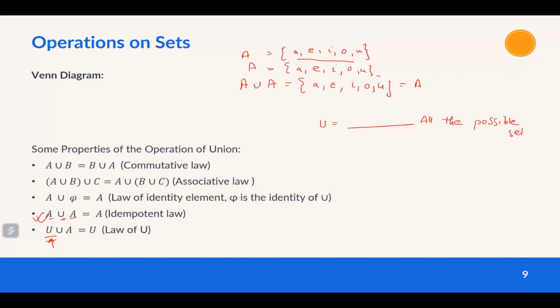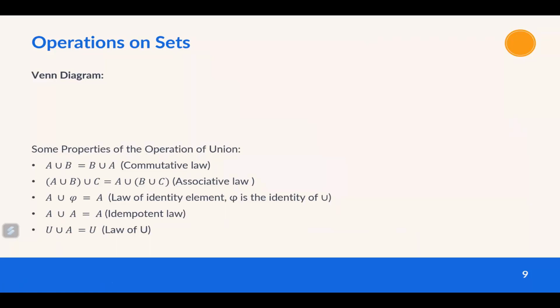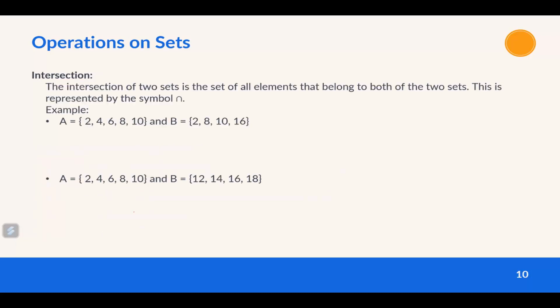Now if you have a set A, the set A will be a subset of U, because the universal set contains the set A and also contains more elements which are not in A. If you perform the union of the universal set U and the set A, you will get the universal set, because the universal set contains the elements of A. This law is known as the law of universal set U.